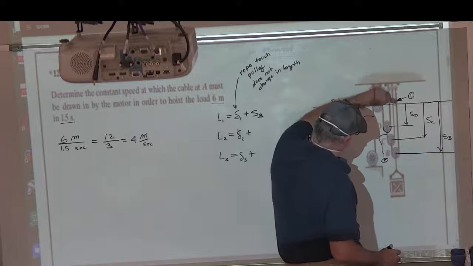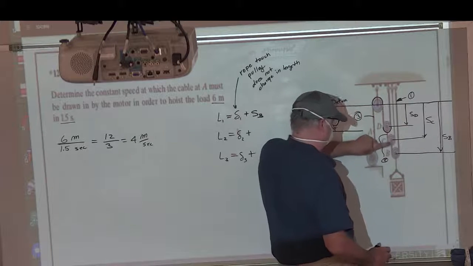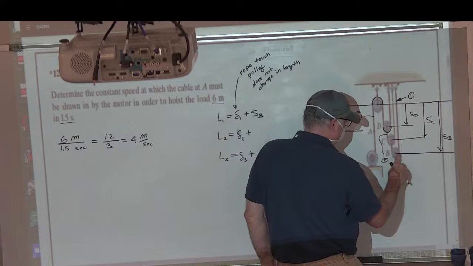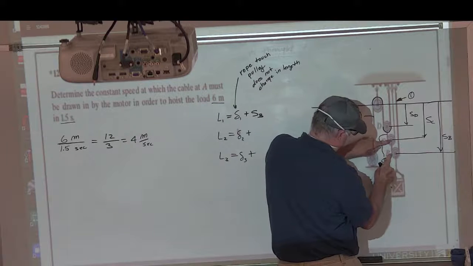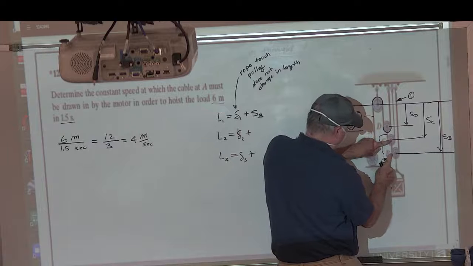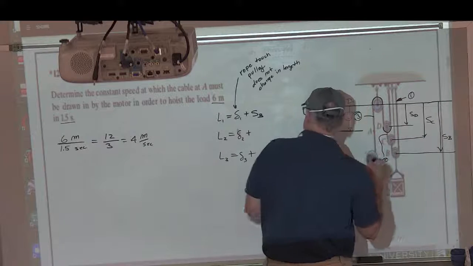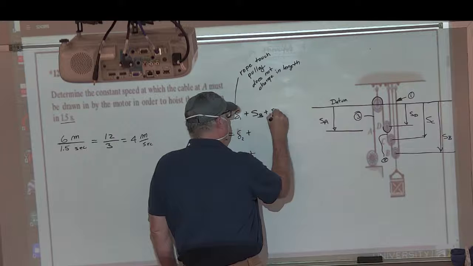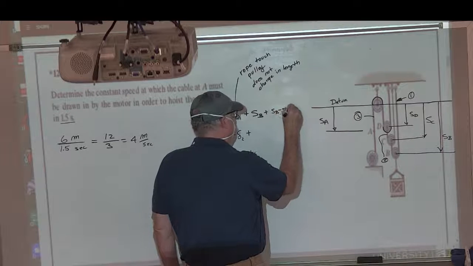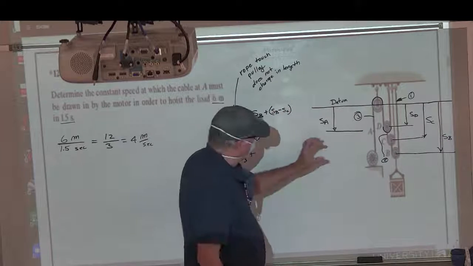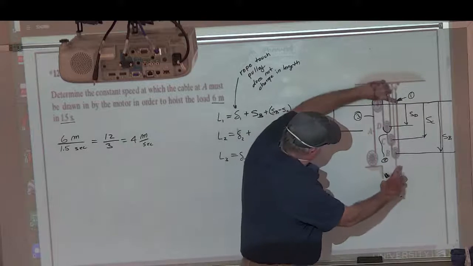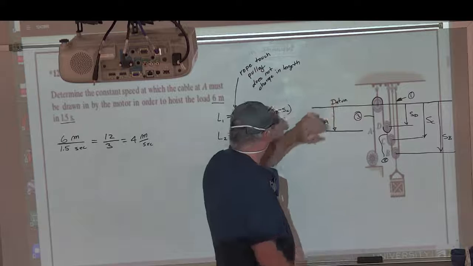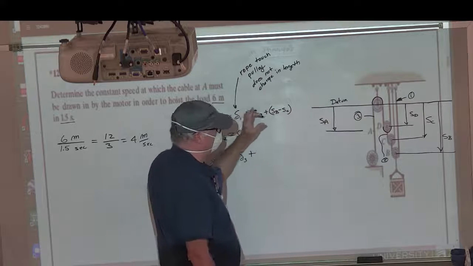So rope 1 goes all the way down, comes up to right here. I'm looking at the length from here to here. Then I have the length from here to here. This is SB minus SC. That is that distance. SB is the distance from here to here. That takes care of the length of rope 1.